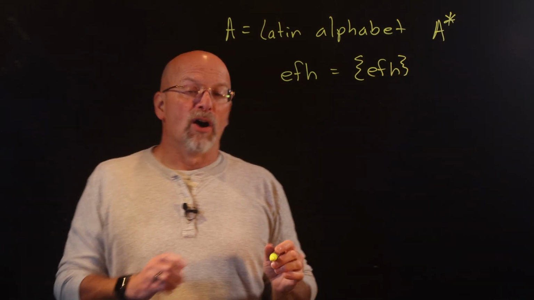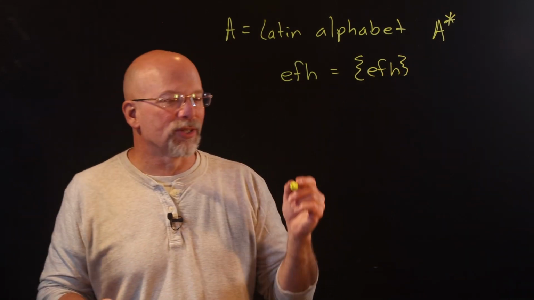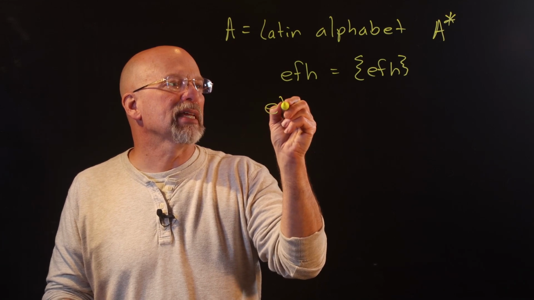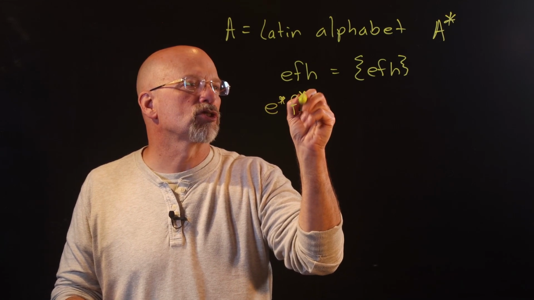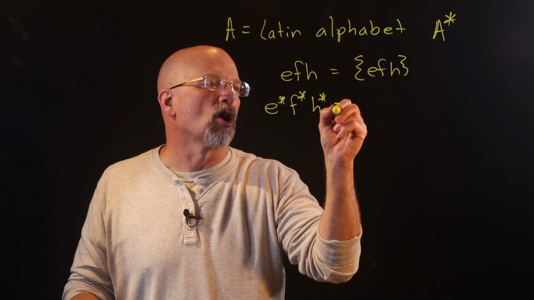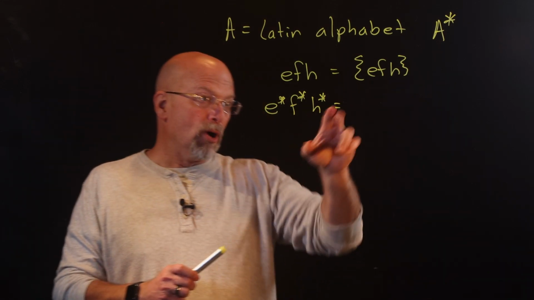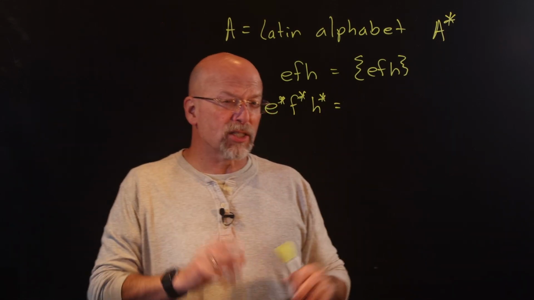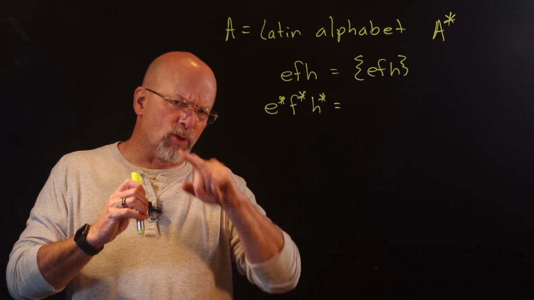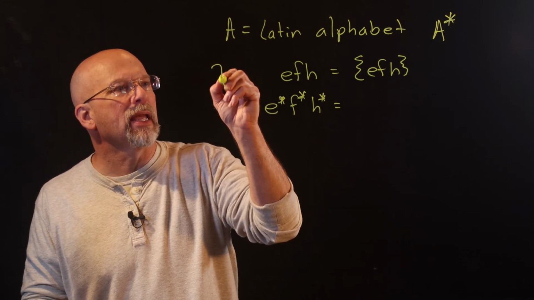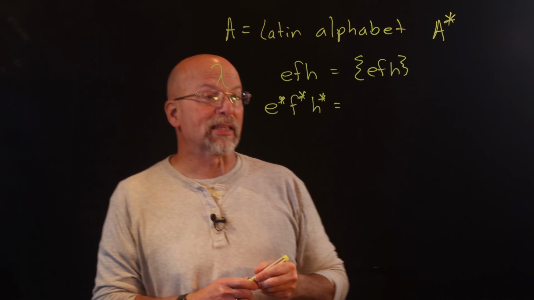All right. Now, let's start adding some characters to this. For example, what if I did E star, F star, H star? What would that generate? Now remember, the star says every possible string, including the empty string, that lambda. Remember, the lambda was the empty string, the string of length 0.